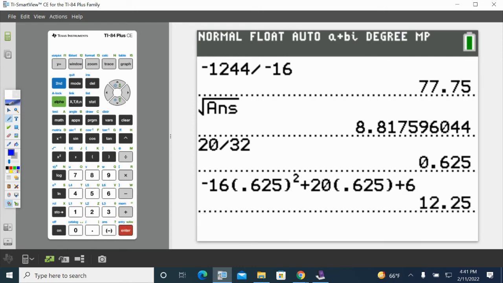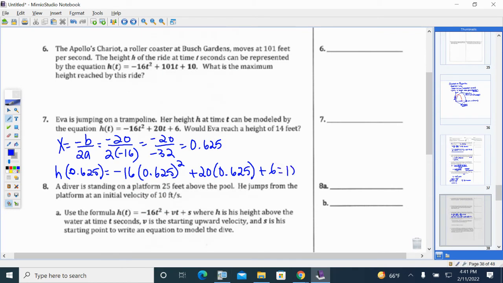So she's going to reach a maximum height of 12.25 feet. So is she going to reach 14 feet? No, she is not. Again, you could have plugged that equation into the y equals, graphed it, found the maximum height, and answered that question from there.